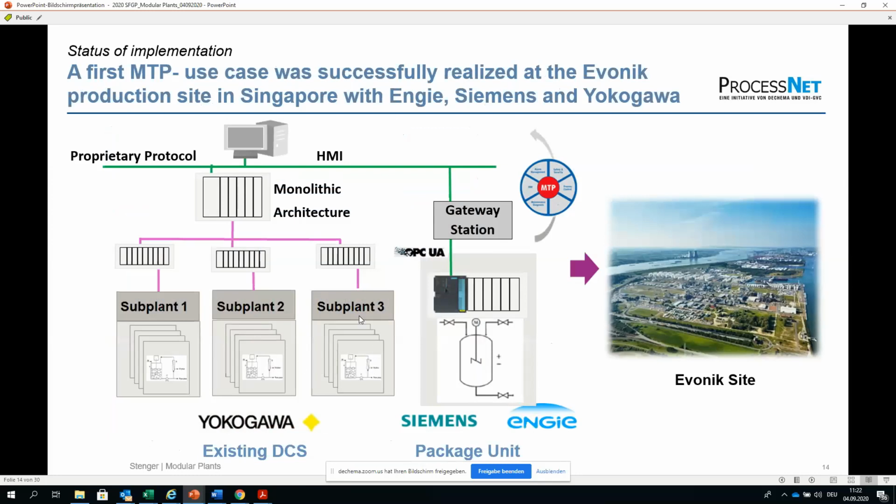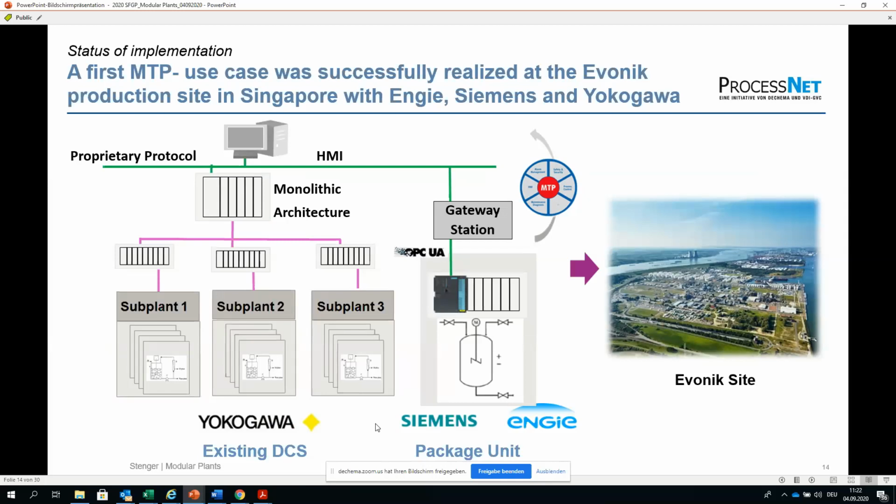We showed this last year at the Singapore site of Evonik, implementing a chiller package unit from NG, which has a Siemens automation system, via the already mentioned standardized MTP interface into a Yokogawa system.